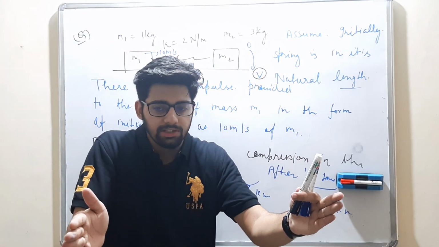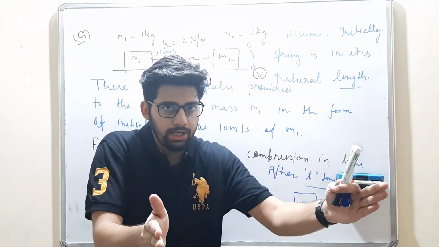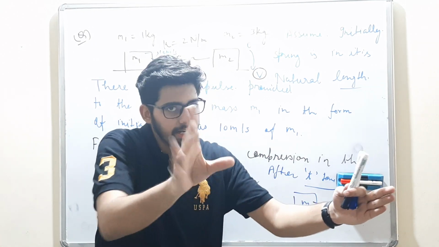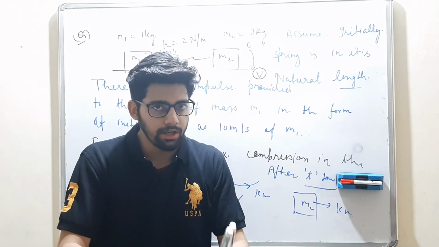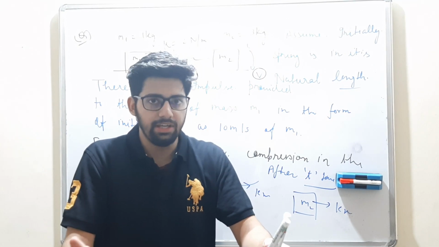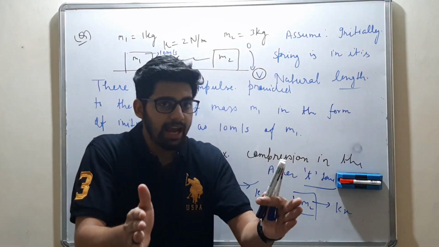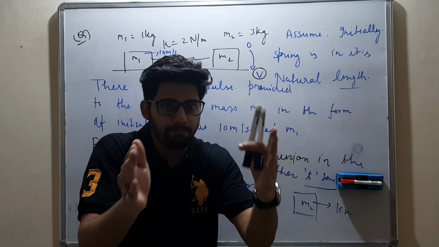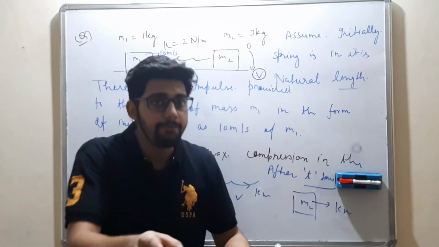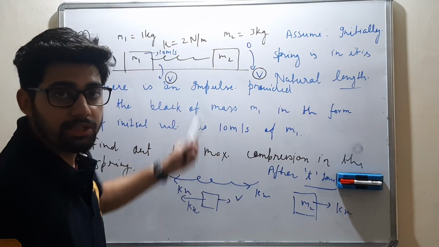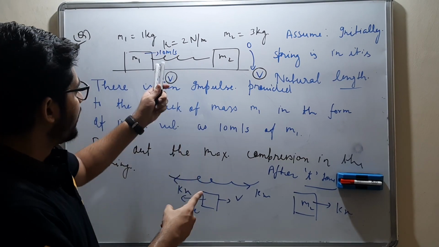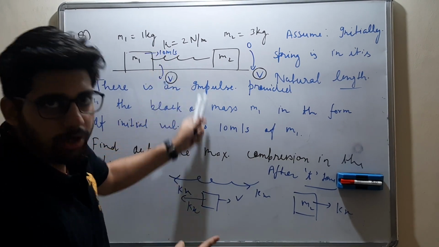So the spring is going to be compressed. When they acquire the same velocity v, at that point of time maximum compression is going to happen. This is really important.